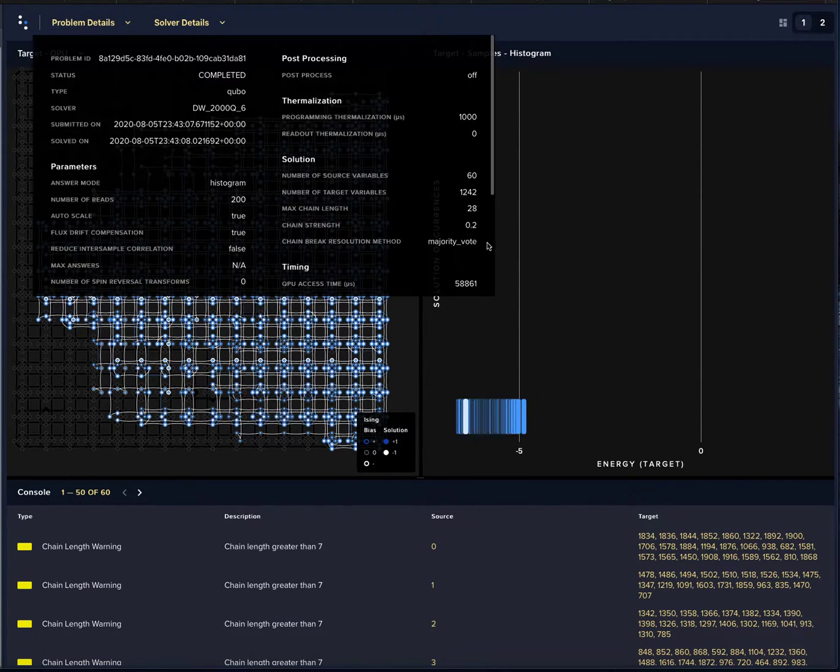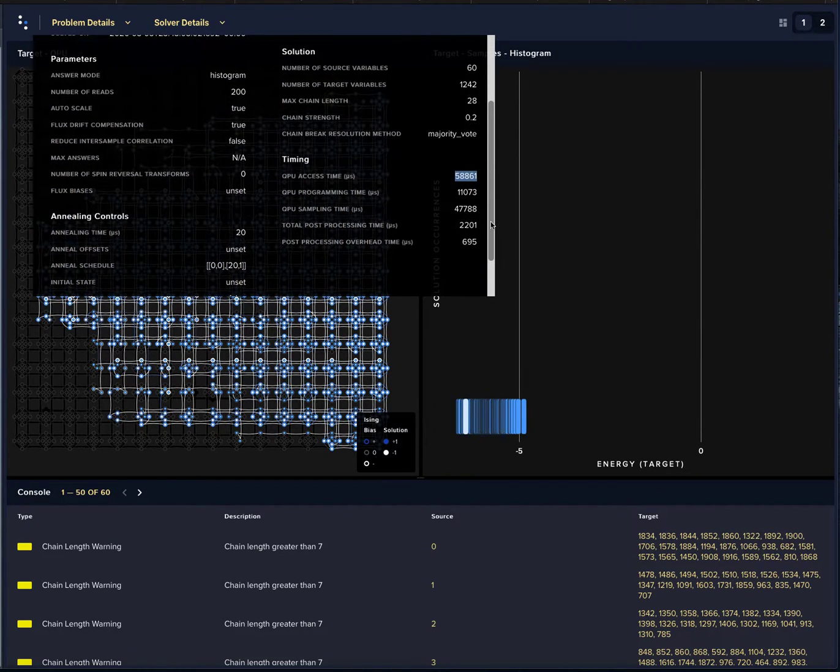Let's take a look at how we set up the problem. Chain strength 0.2. So what that means is that we said, look, we're not so worried about the chain strength. We want you to relax your constraints. Relax. So chain strength is 0.2. We want you to take 200 reads. We don't want to waste too much money here. You can see the QPU access time is only about 60,000 versus 140 or 170,000.